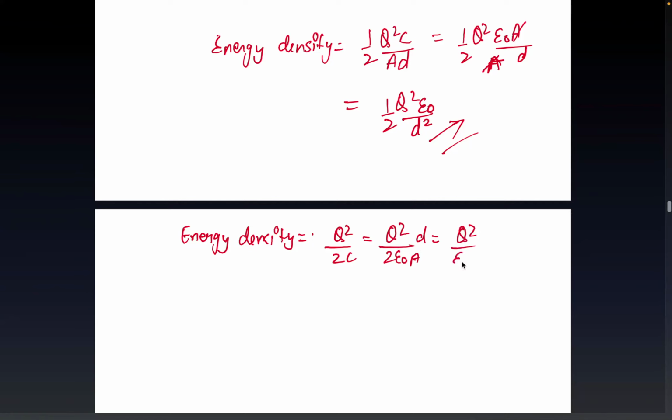Q square divided by epsilon naught A, one by 2, with D already there. Can you see this part here? Now what else can I interpret from this part?